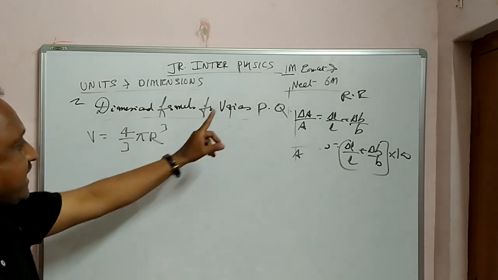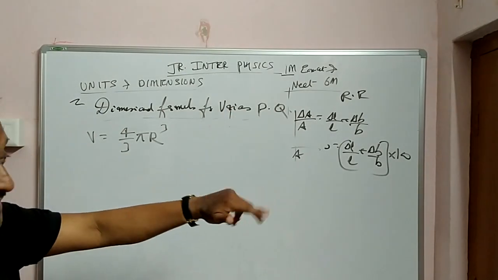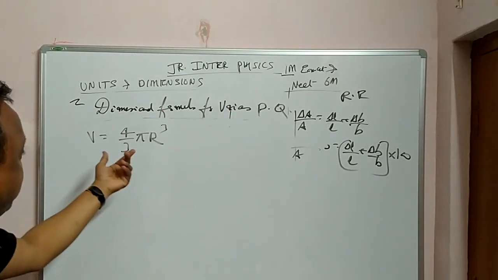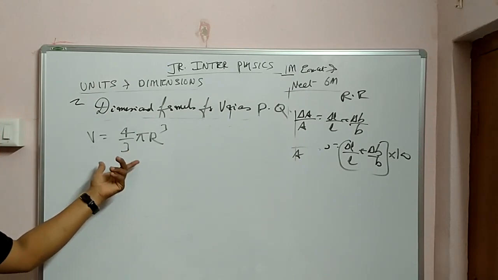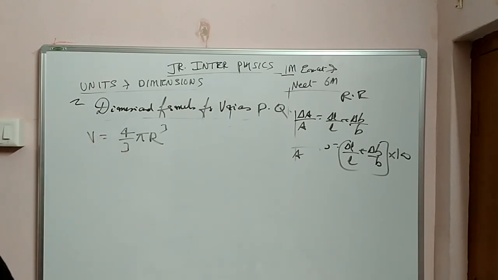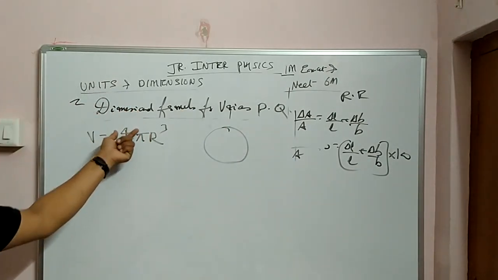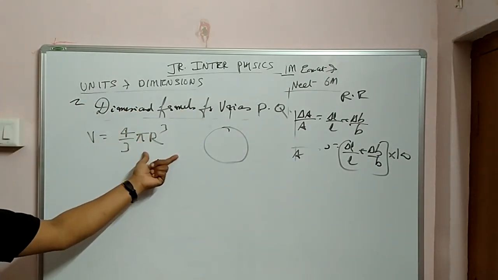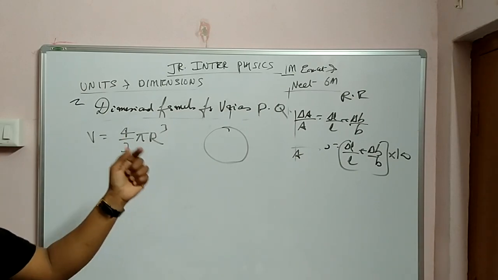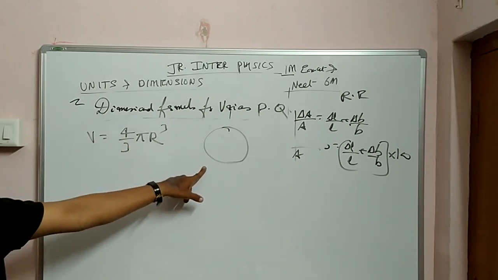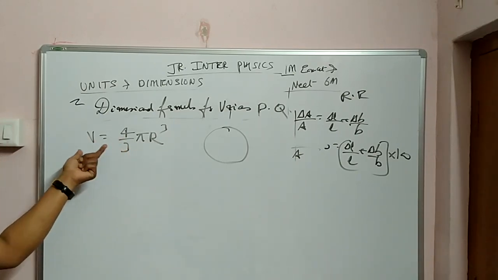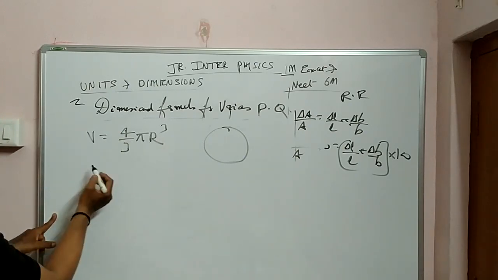See, that is one type of error analysis. In the examination, MCET or a normal exam, sometimes he may ask in this form also. For example, the volume of a solid sphere, you can take it as 4 by 3 pi r cube. Sometimes he may ask, what is the percentage error in finding the volume of a sphere? Volume means 4/3 pi r cube.